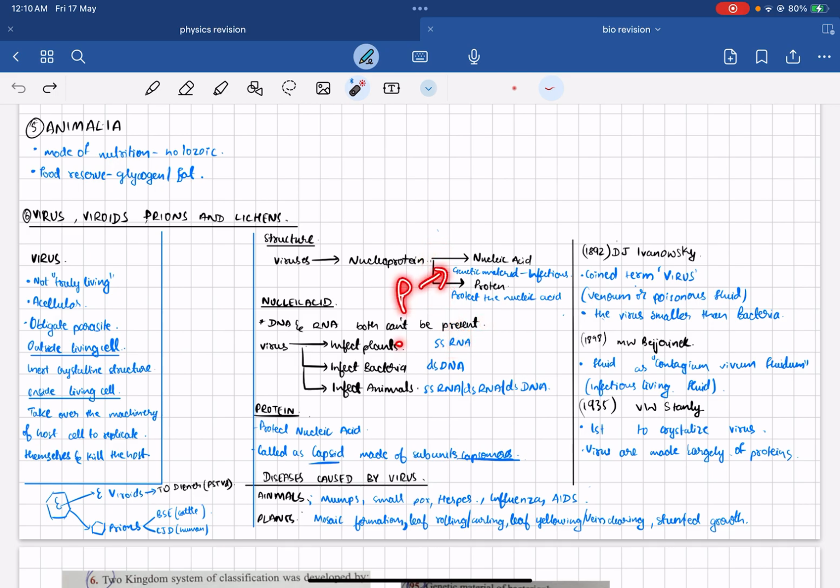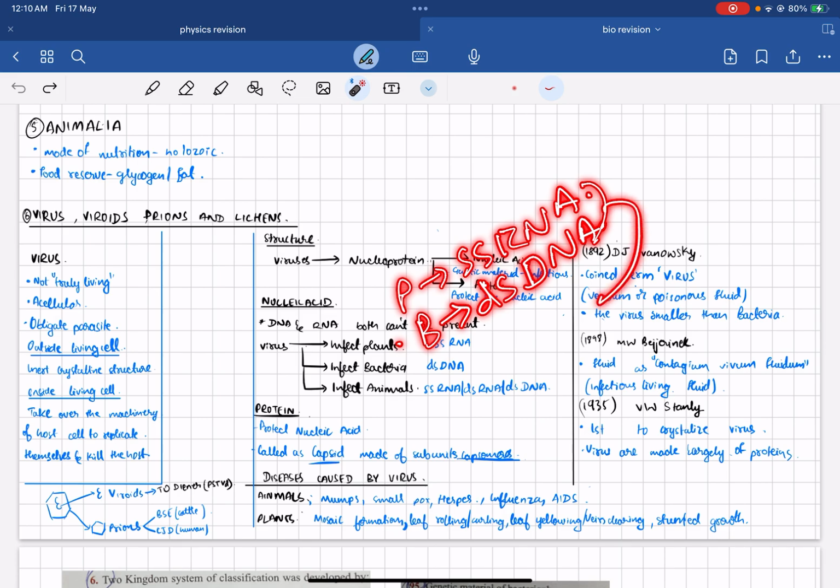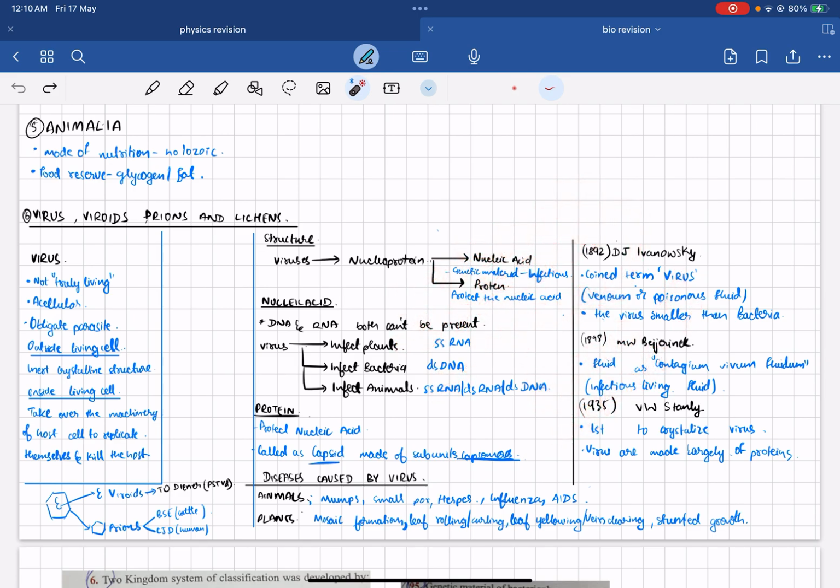Plants is single-stranded RNA, where mutation is high. Next is bacteria, dsDNA. I write these both in animals, and again repeat dsRNA. This is how I remember.